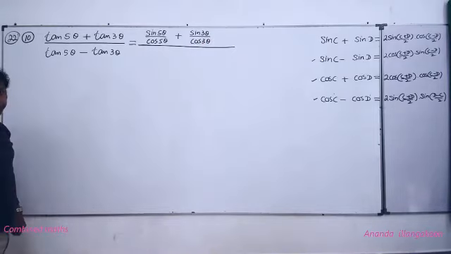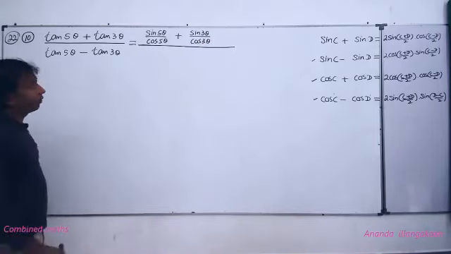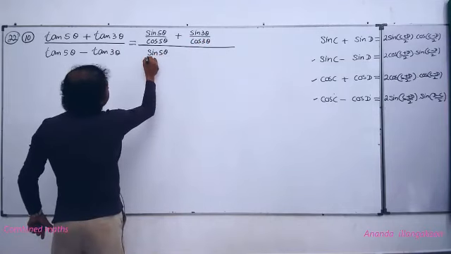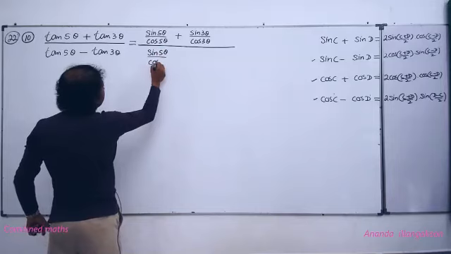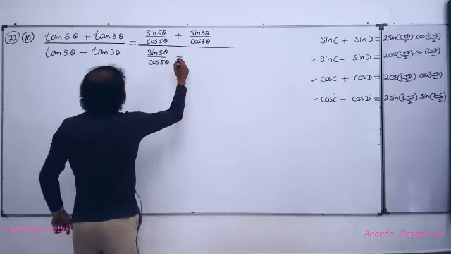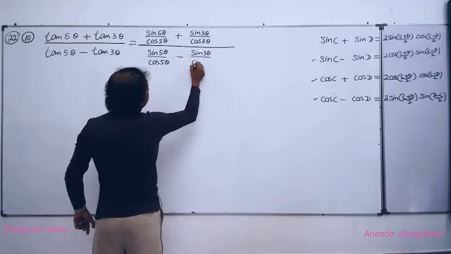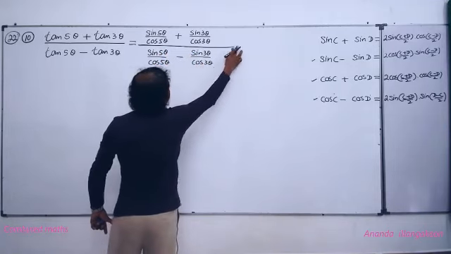Similarly, for the denominator, tan 5 theta I write as sine 5 theta divided by cos 5 theta, minus sine 3 theta divided by cos 3 theta.